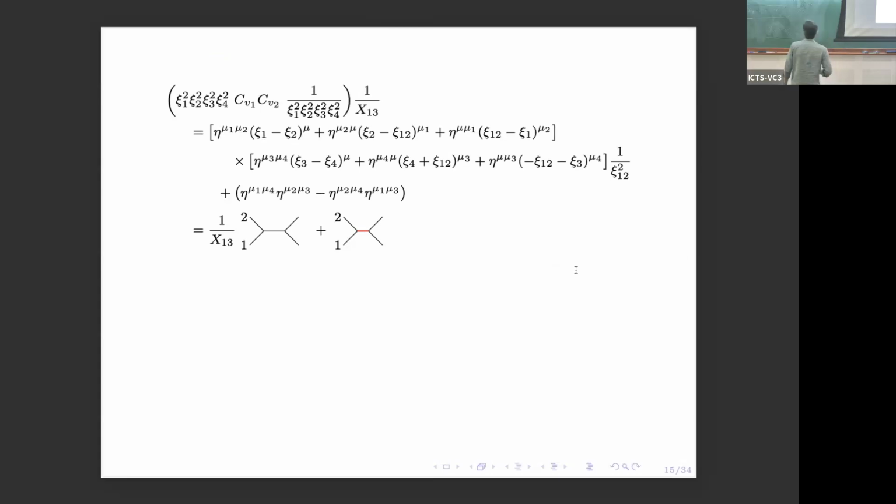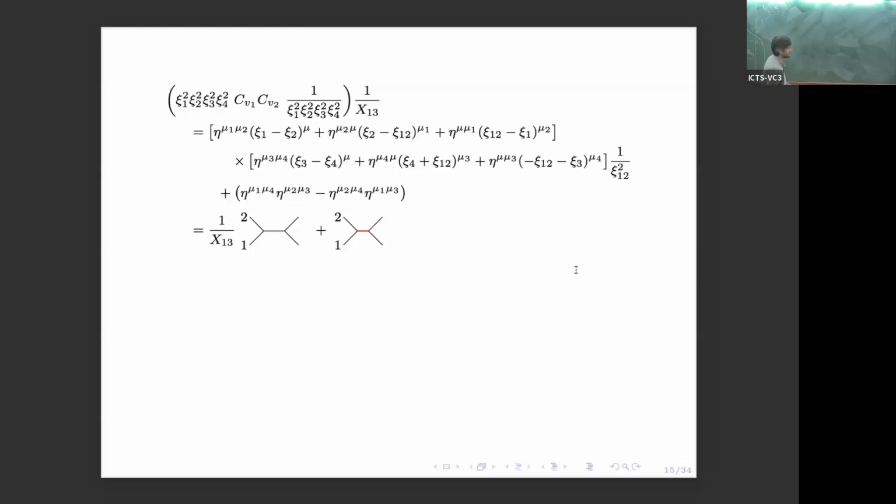I'm not sure if I did that correctly. Xi mu is the momentum of the system. These are the momenta.